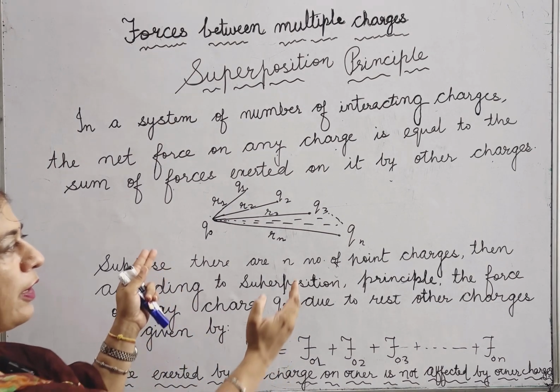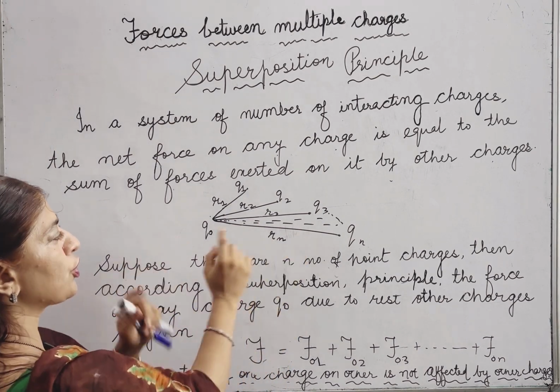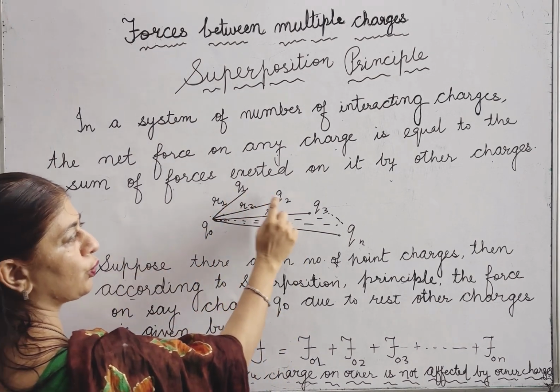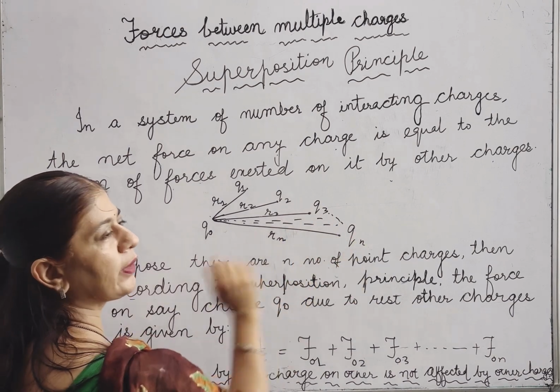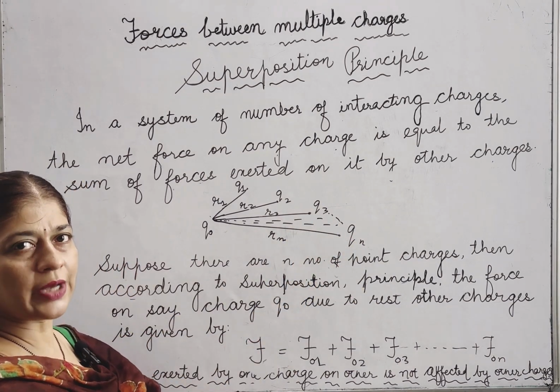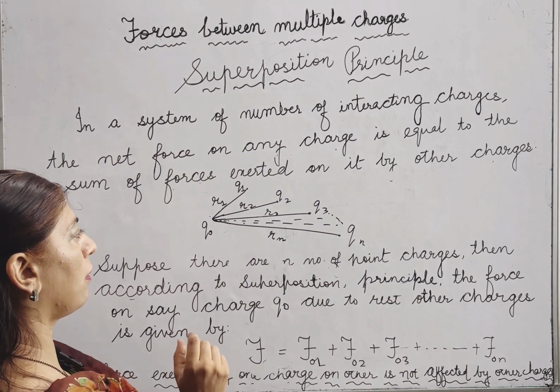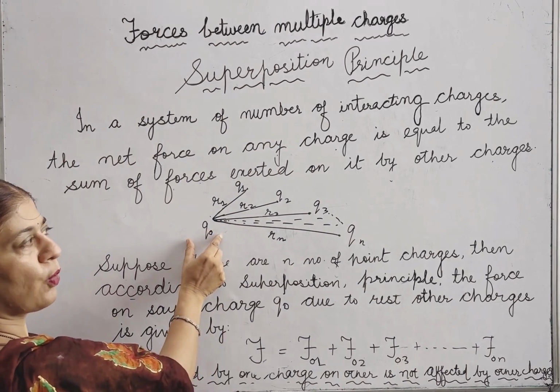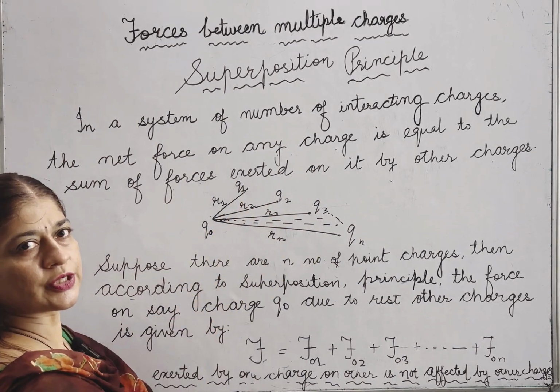For that, we have taken a figure in which Q0, Q1, Q2, Q3, and so on up to Qn are the n number of charges. We want to find out the force on Q0 because of these charges.